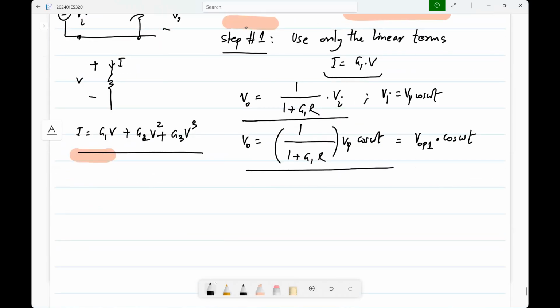So now in step 2, what we do is the following. We will use the solution from step 1. Across this nonlinear element, I'll assume that the voltage is what I solved for in step 1, VOP1 cos omega t. And now my I is given in terms of these.